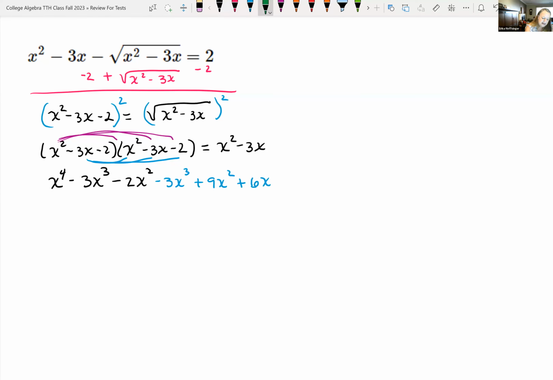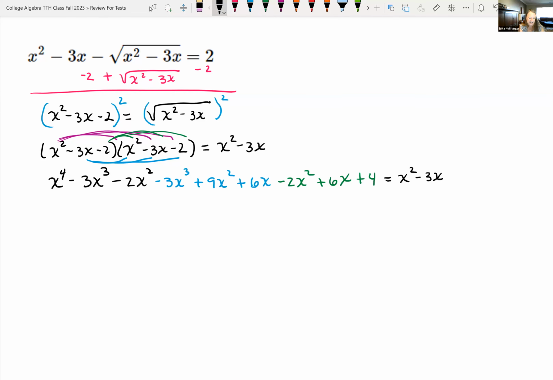Now taking my negative 2 and distributing it to each term inside the second parentheses: negative 2 times x squared is negative 2x squared. Negative 2 times negative 3x is plus 6x. And negative 2 times negative 2 gives me plus 4. This is equal to our other side, x squared minus 3x.